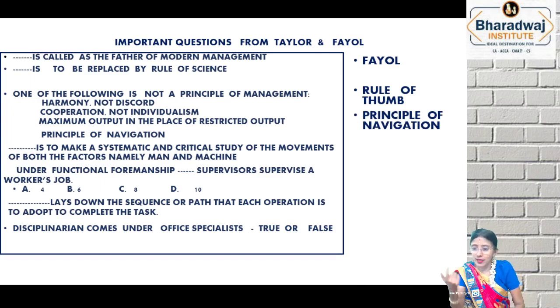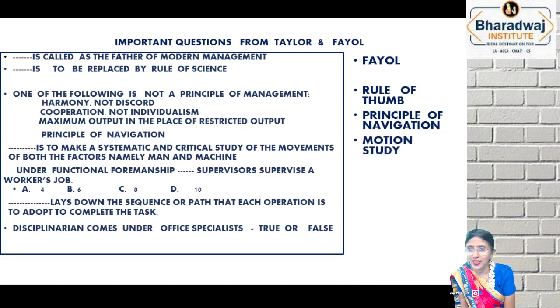Look at the third. That answer is correct, because the principle of navigation comes under principle of planning. Okay. So correct. Your point is very much correct. Dash is to make a systematic and critical study of the movements of both the factors, namely man and machine. It is motion study.